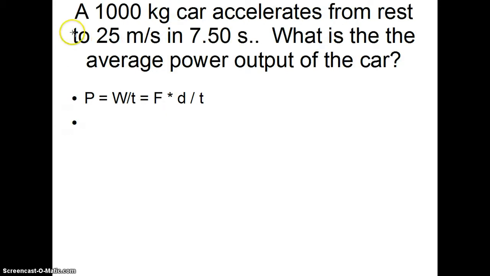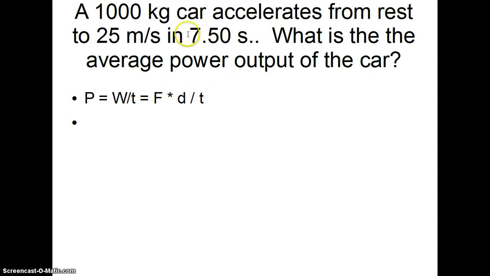The next problem, a 1,000 kilogram car accelerates from rest to 25 meters per second in 7.5 seconds. What is the average power output of the car? So we write down the equation for power. Power is work divided by time, and then we've got force multiplied by a displacement divided by time.